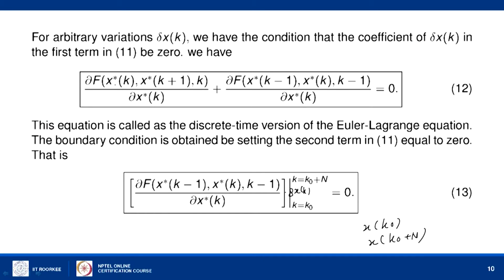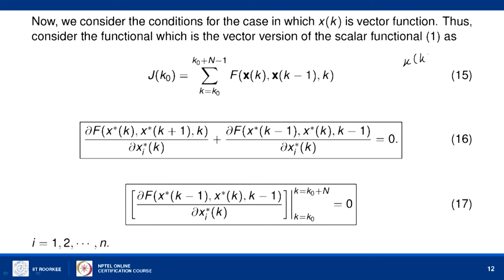where the sequence x of k is a real sequence. But in case x of k is a vector sequence, each x of k belongs to Rn, the procedure is the same. Only thing is x of k is written as x1 of k, x2 of k, and so on up to xn of k, it is a vector.